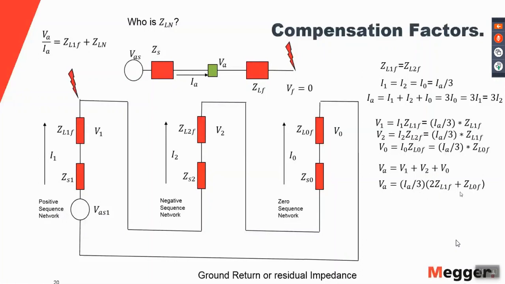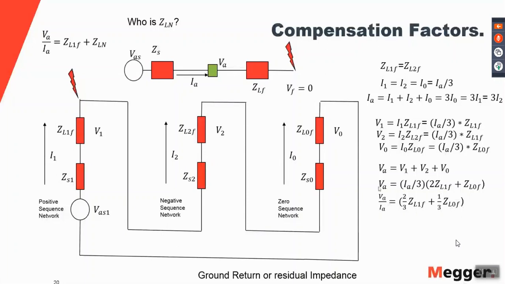So this equation comes from simply putting these three in here and doing some rearrangement. Now we can divide VA by IA, leaving this 1/3 on this side of the equation, and we are going to have 2/3 of the positive sequence impedance plus 1/3 of the zero sequence impedance.